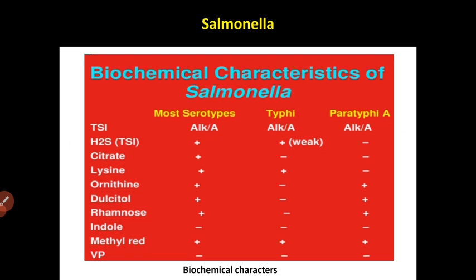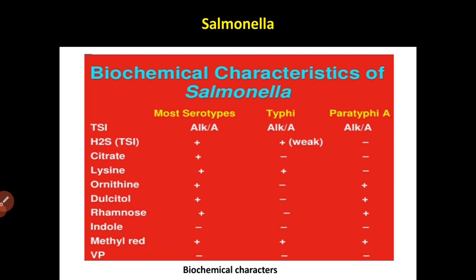Now typhi and paratyphi A. What reactions do they give to the respective chemicals? For TSI, triple sugar iron, most serotypes are alkaline. Typhi is alkaline, paratyphi is also alkaline. For H2S, typhi is weak positive, paratyphi is negative.